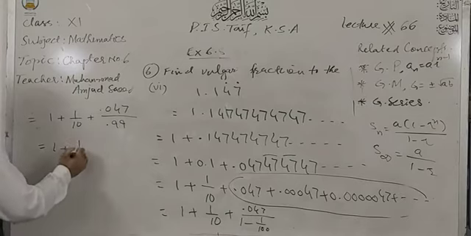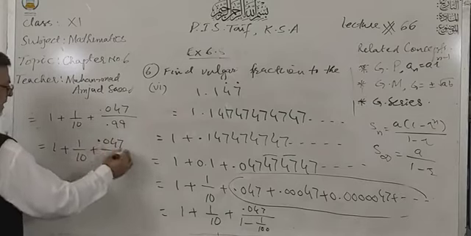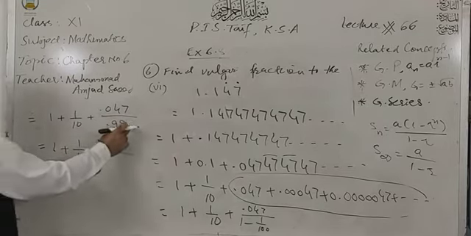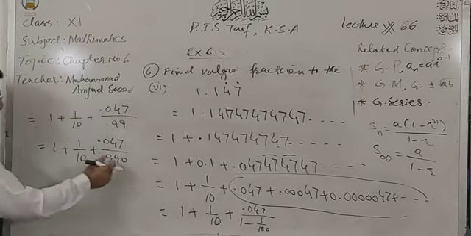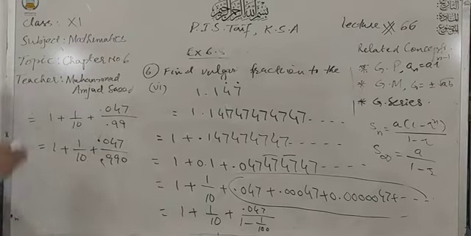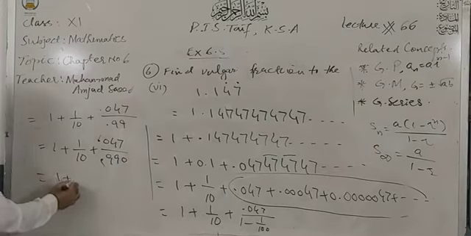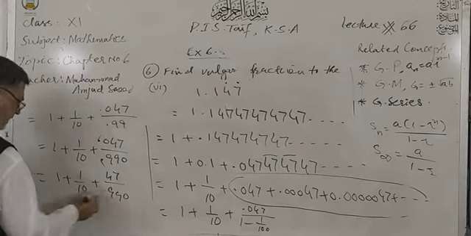Dear students, there are 3 digits after the decimal in the numerator and in the denominator there are only 2, so you can apply 0 in the denominator and the decimals cancel out. In this way, 1 plus 1 over 10 plus 47 over 990.